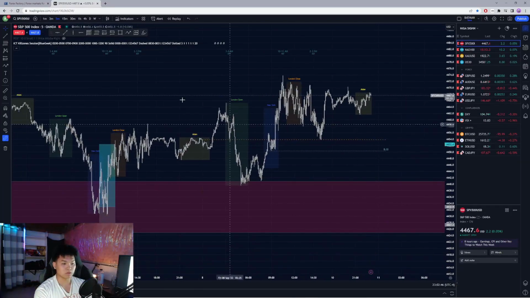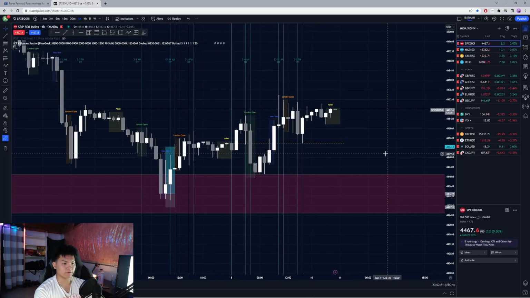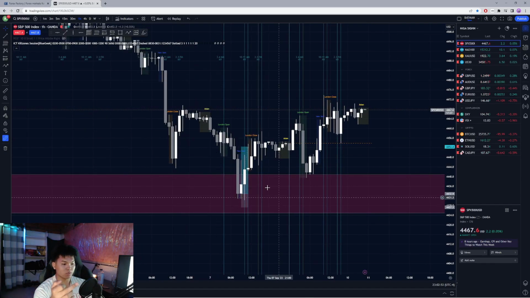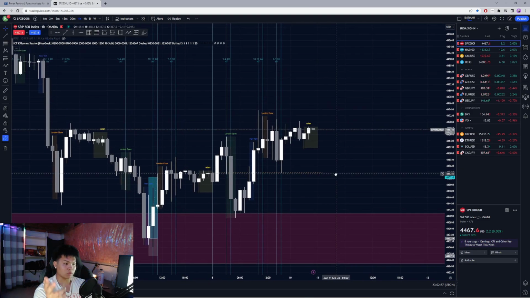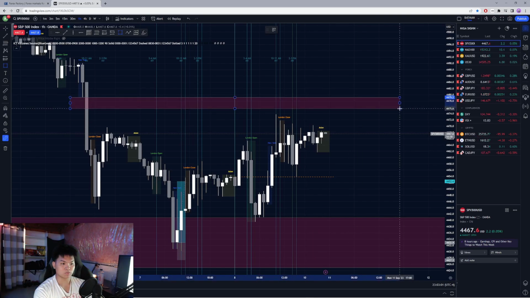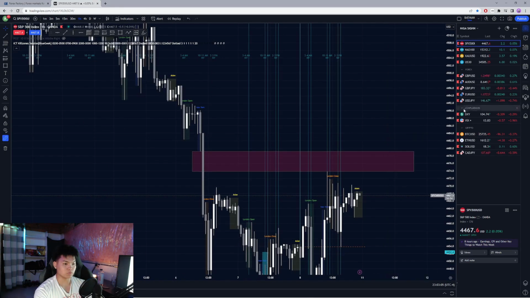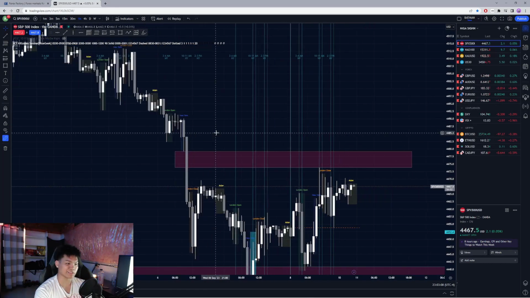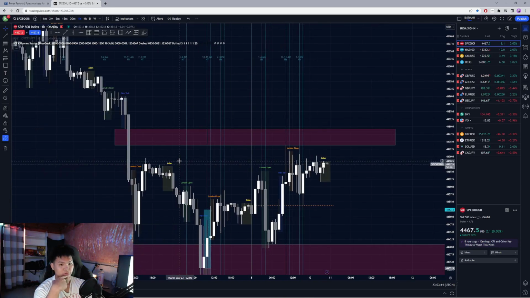Okay, looking at this angle, this time frame, we've been bullish since we just tapped into this demand zone. So I would expect we're still trying to run up to this fair value gap over here. For those learning ICT, that is a fair value gap or an imbalance, and we're still trying to fill that up.